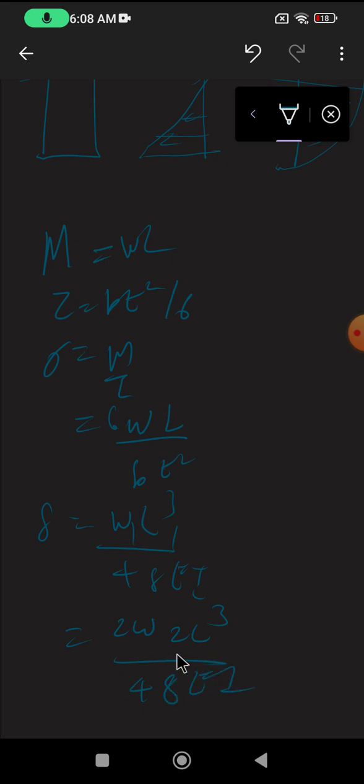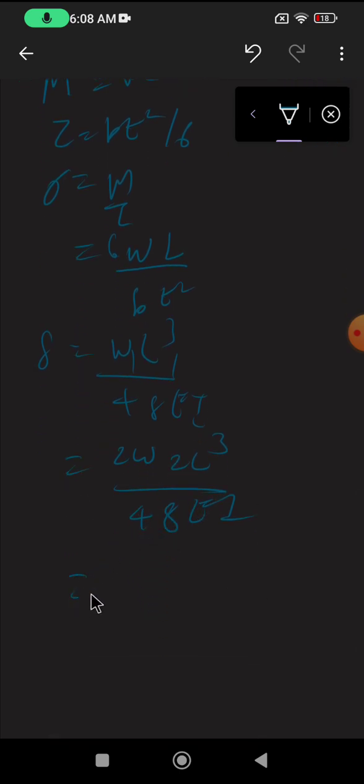If we cancel out, 2 into 8 is 16, and 48 divided by 16 gives 3. So we will have WL cube upon 3EI is equal to delta. So this is for the simply supported beam.